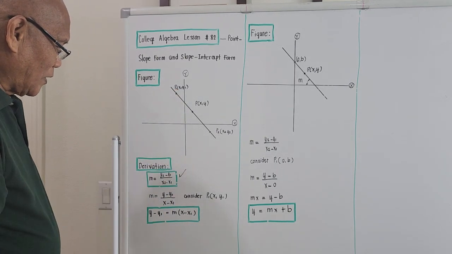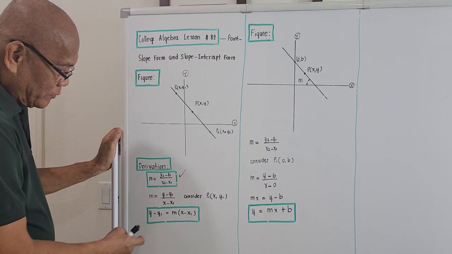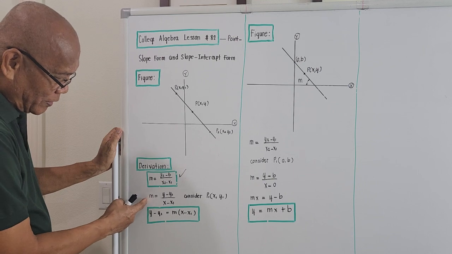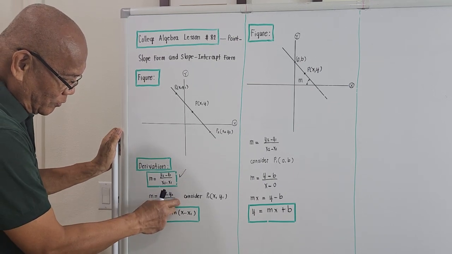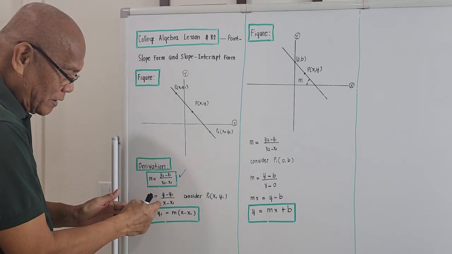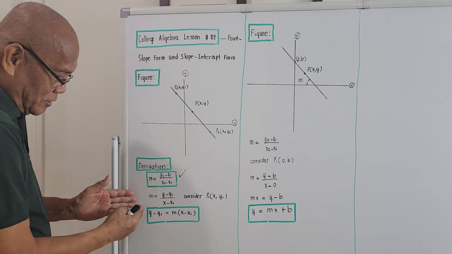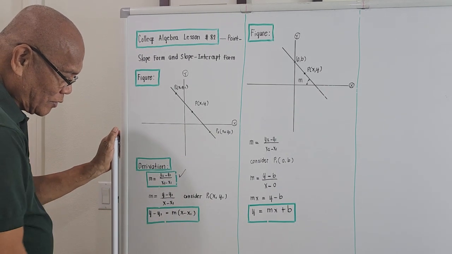And if we simplify this, y minus y sub 1 should be equal to the product of m times the quantity x minus x1, because to remove the fraction on the right hand side, we multiply all terms by x minus x1.